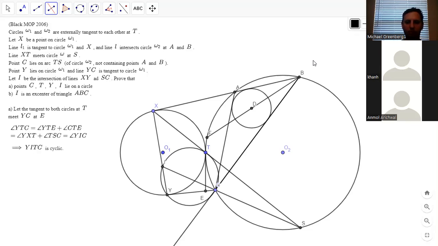So, where would we go from there? CI is the external bisector.